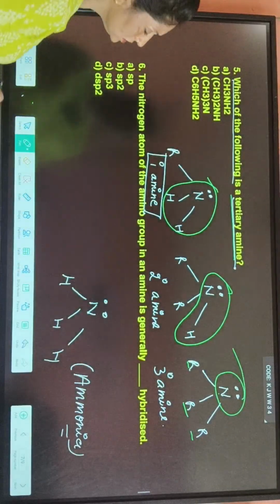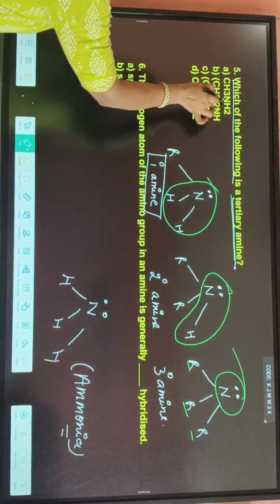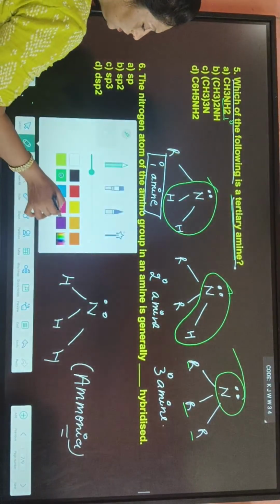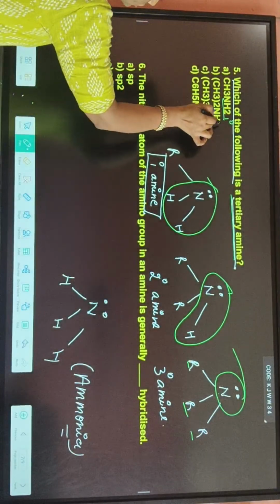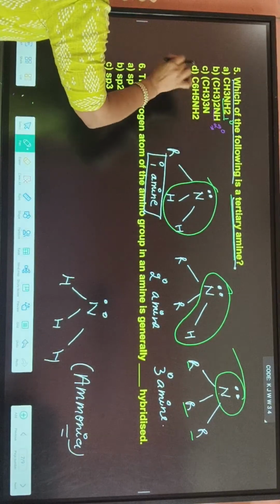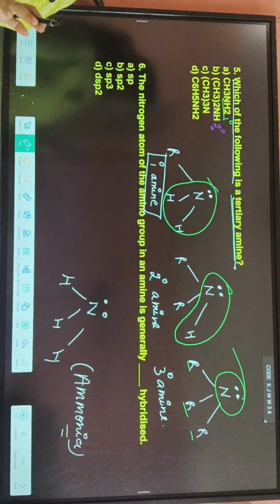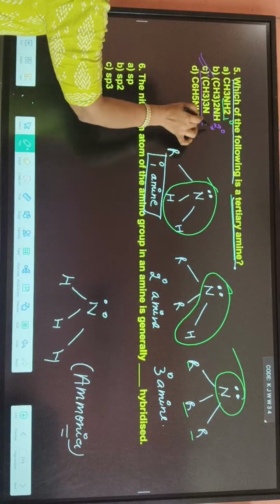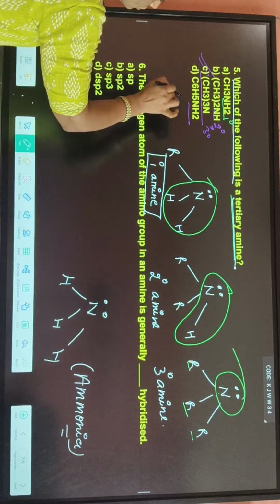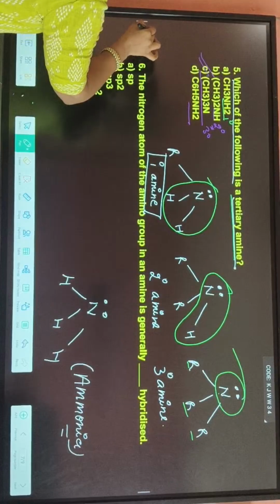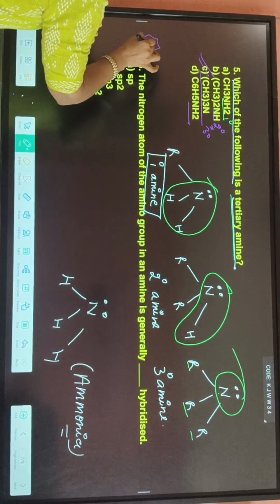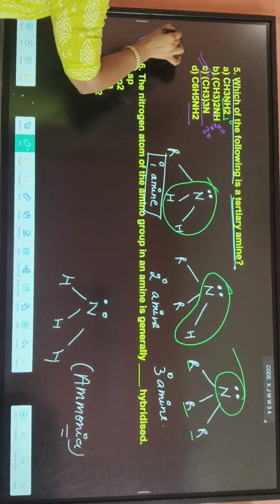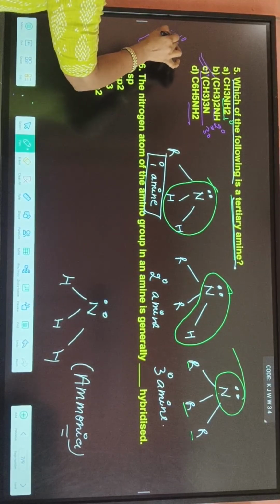Then NH2 is primary, NH is secondary, and two methyl groups with N, so it is tertiary. And C6H5NH2 is also primary.